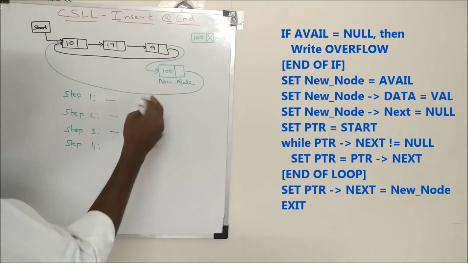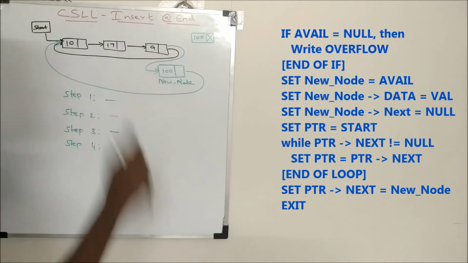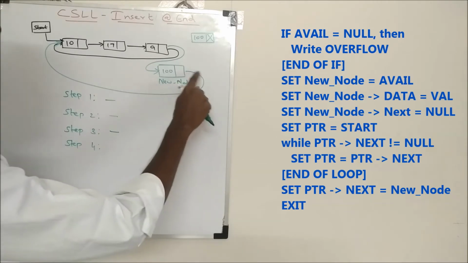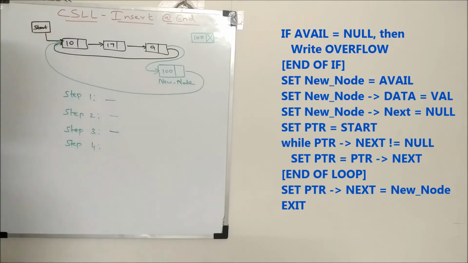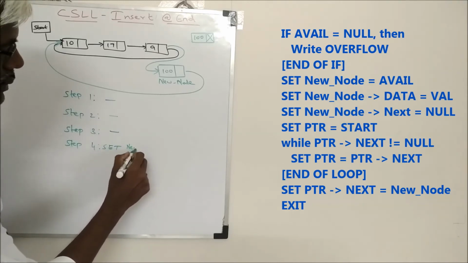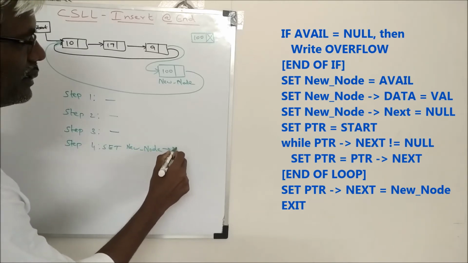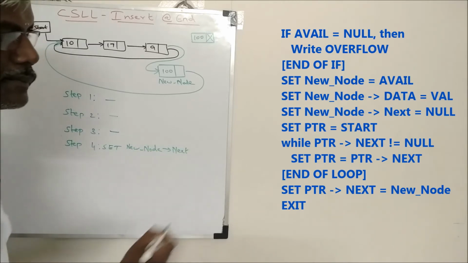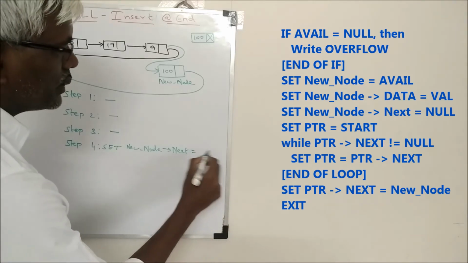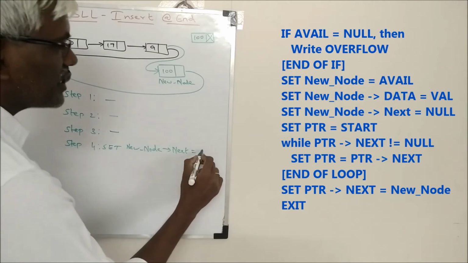But whereas here, after you insert the new node, what is the next field of this new node? It should be start. So here there is the first change: set new node of next equal to, instead of null, here it should be start.